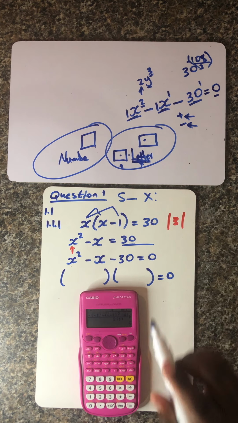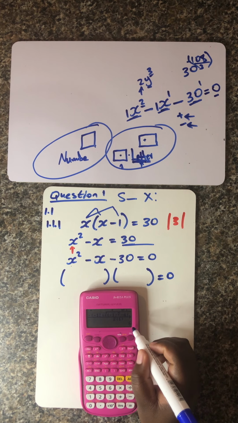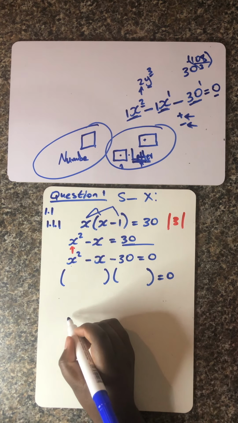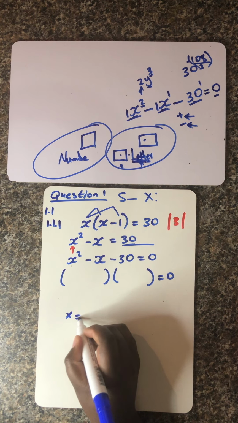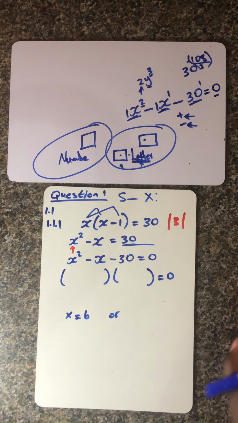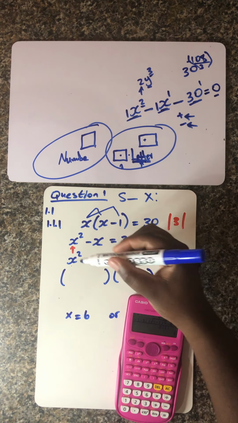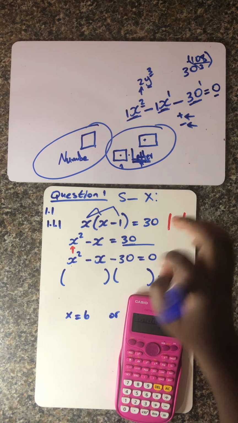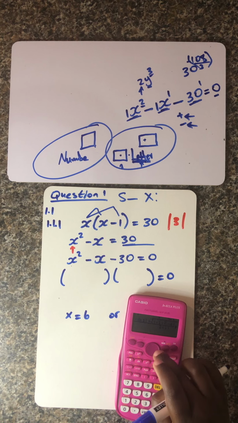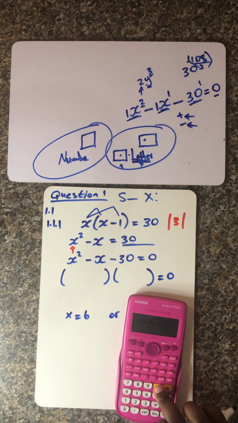So guys, my first factor is 6. That means x is equal to 6, or, because it's a quadratic equation, I must have 2 values of x. Then I'm going to go back to that formula, delete that positive sign and use a minus.